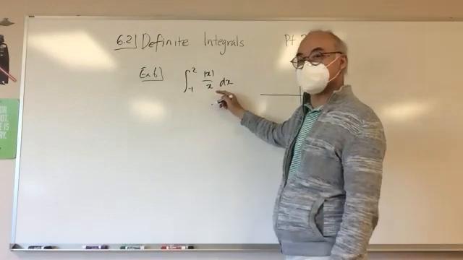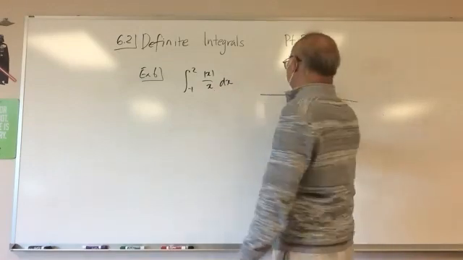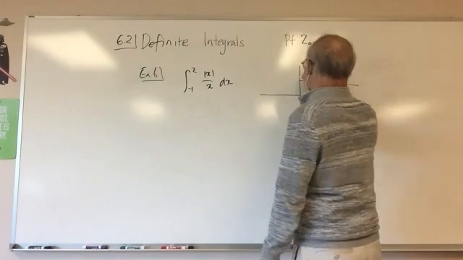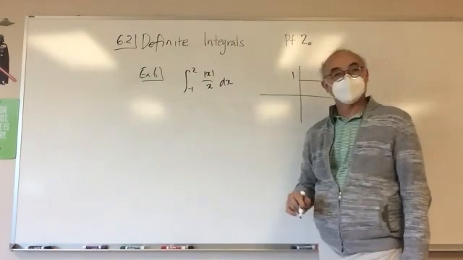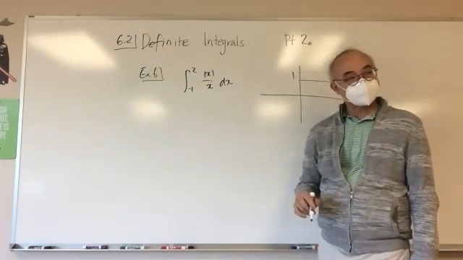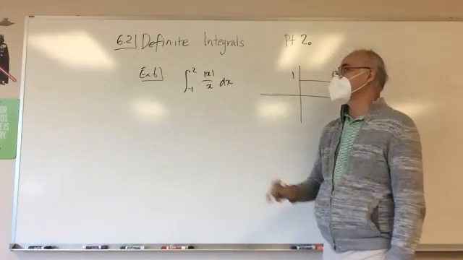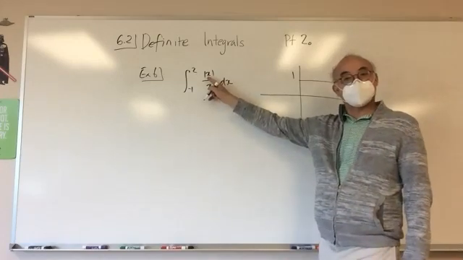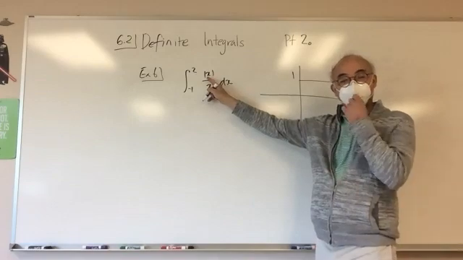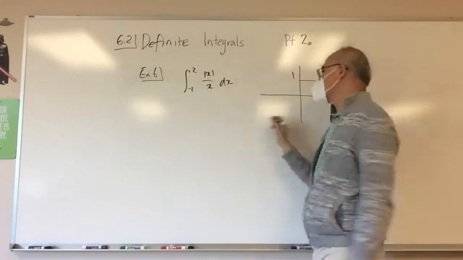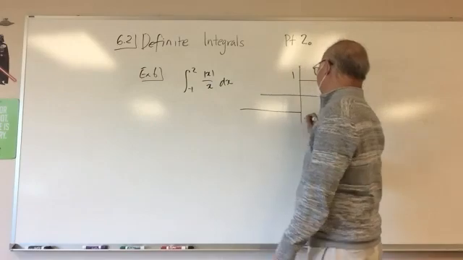So x over x is 1. When x is less than 0, the absolute value comes out as negative x, so it's negative x divided by x, which is -1.